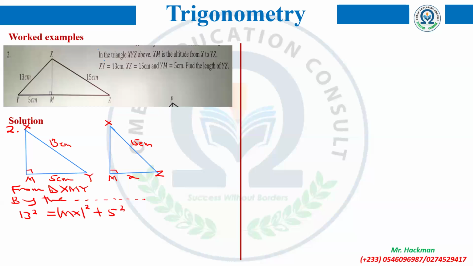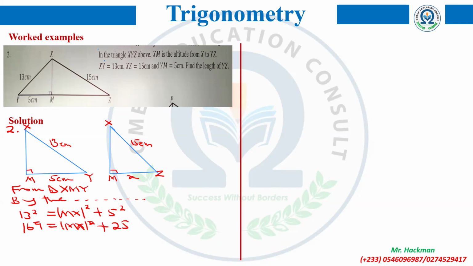Here we can find MX. So let me simplify. 13 squared will give us 169, which should be equal to MX squared plus 25. You can see that I'm using capital letters throughout for my vertices. Points are indicated by capital letters, so if you put small letters there, you are doomed. Do you agree?